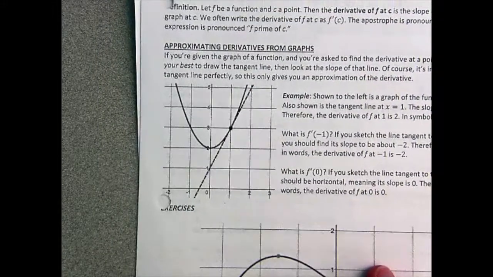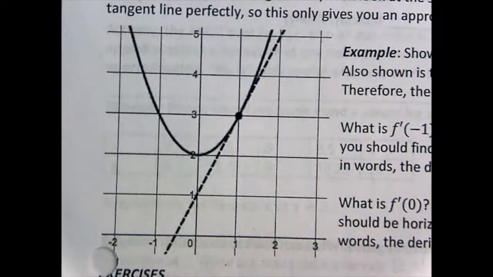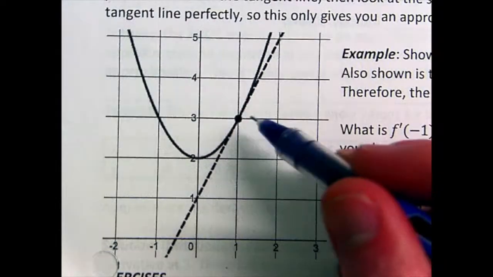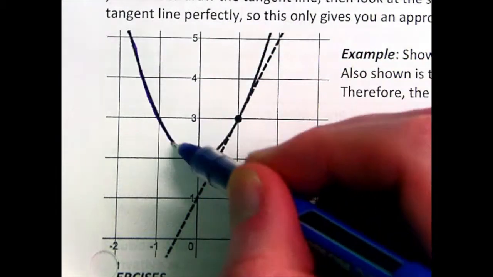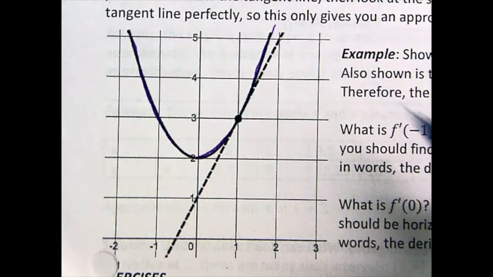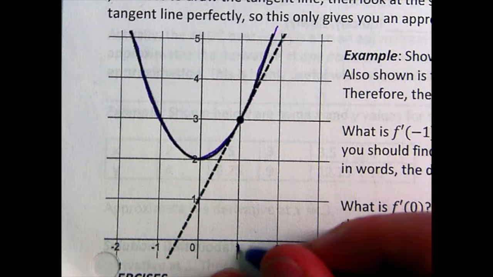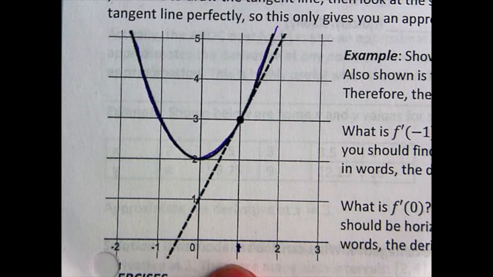Let's have a look at a printed example. Here's another example that I have here. Here's a graph. This is just some new function. It looks like some kind of quadratic. And it looks like my c value is 1. That's my x value right there.